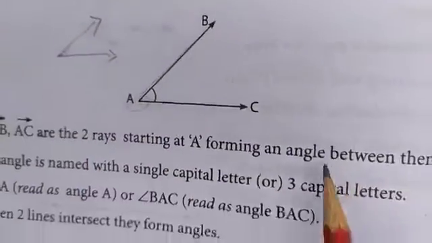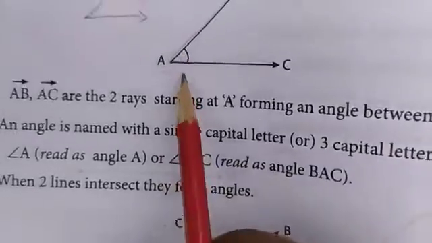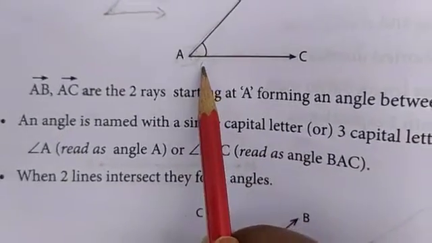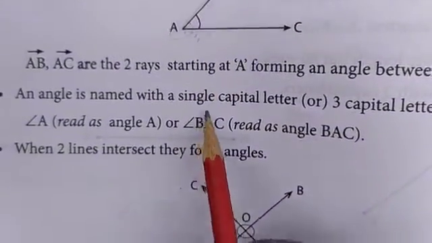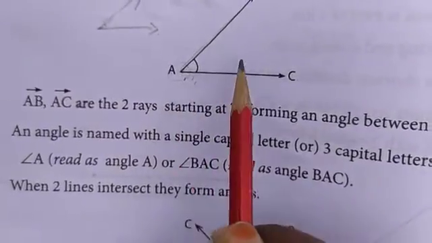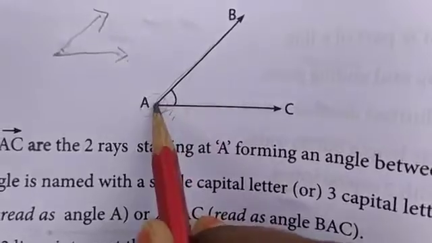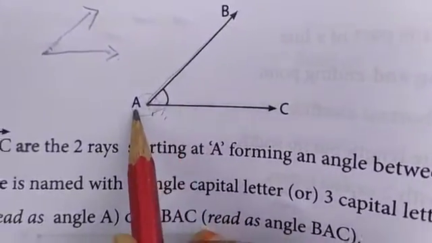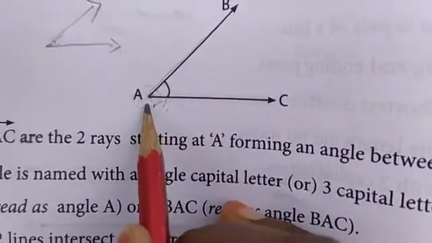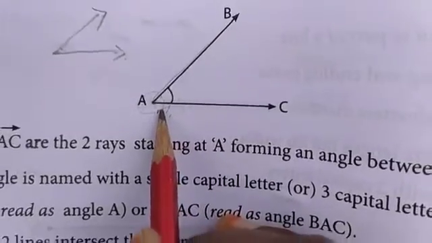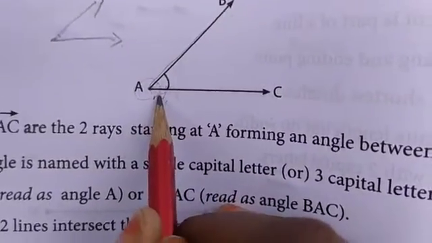An angle is denoted by a single letter or by three capital letters. What do we call this meeting point? Angle. How do we denote it? Angle A.